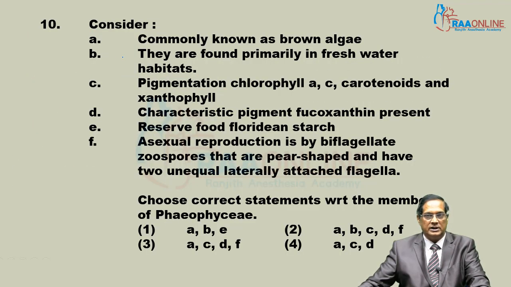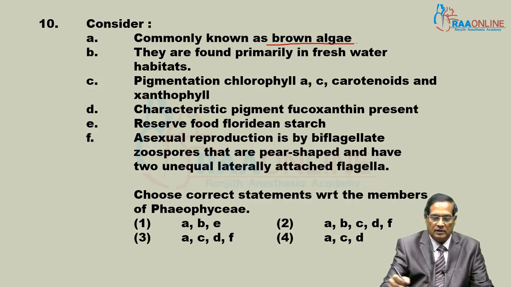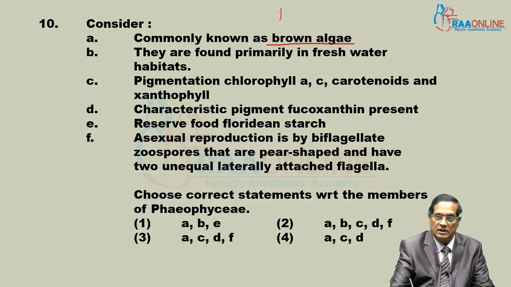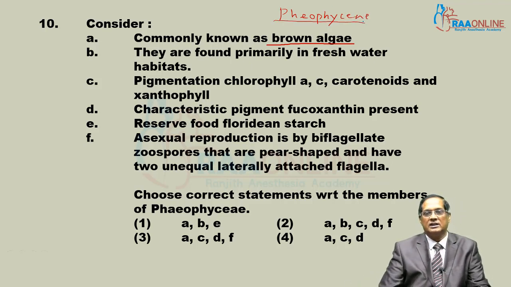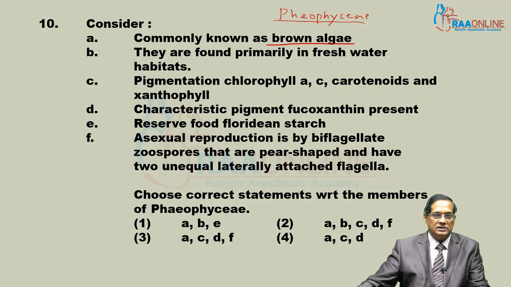Now question number 10. This question is from the brown algae. Brown algae belong to class Phaeophyceae, and I have already mentioned its characteristic pigment, that is fucoxanthin.